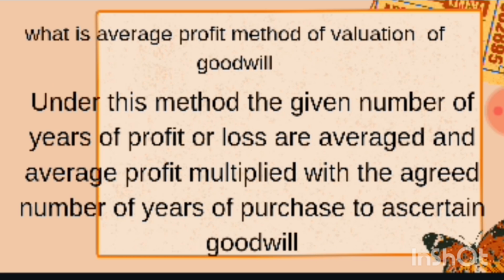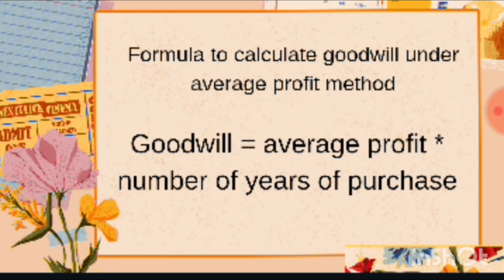So the average profit that has to be calculated must be multiplied with the number of years of purchase of goodwill to find out goodwill under average profit method. Formula to calculate goodwill under average profit method is equal to average profit into number of years of purchase.